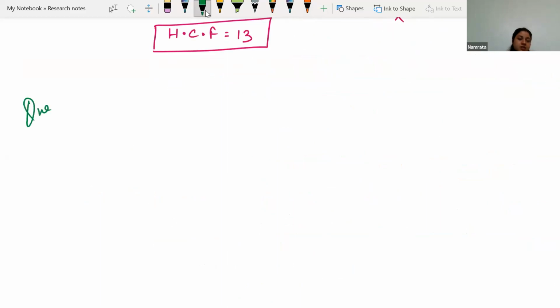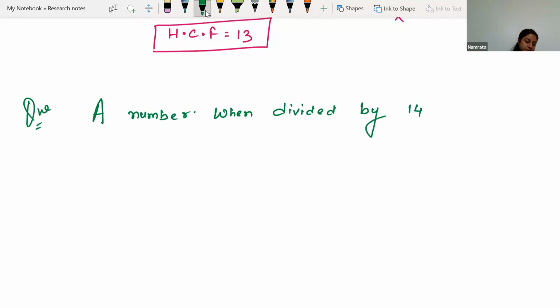So the next question says a number when divided by 14 gives remainder as 5.